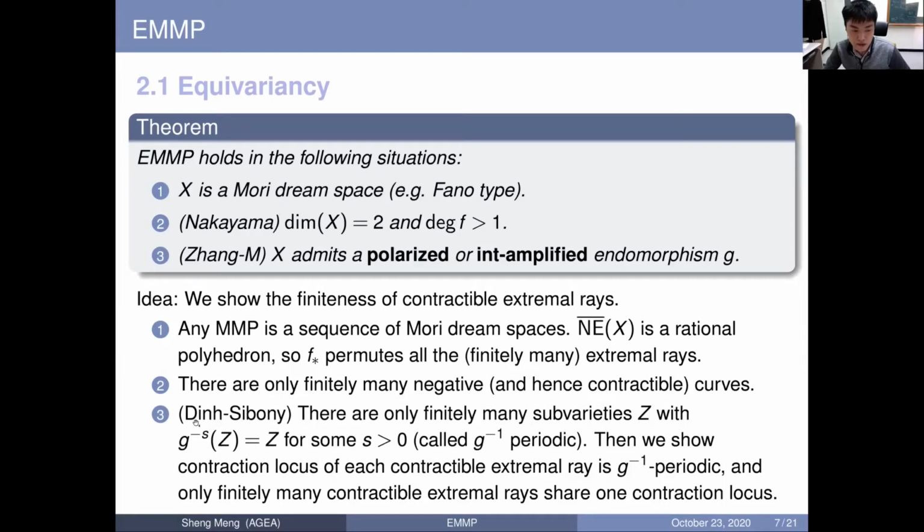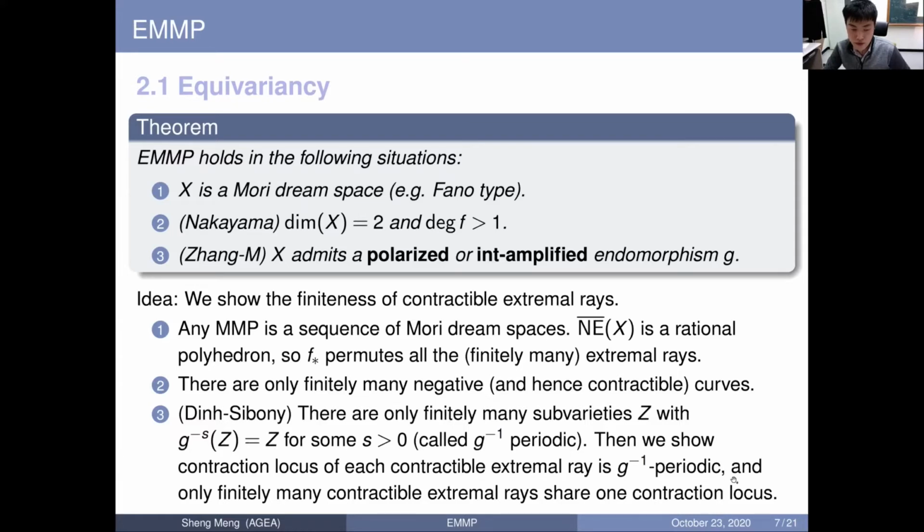And for the third case, we first make use of the result by Dang and Sibony, showing that there are only finitely many totally invariant subvarieties, meaning that the preimage of Z equals Z after iteration. We also call it g-inverse periodic. And then we show that the contraction locus of each contractible extremal ray is g-inverse periodic.